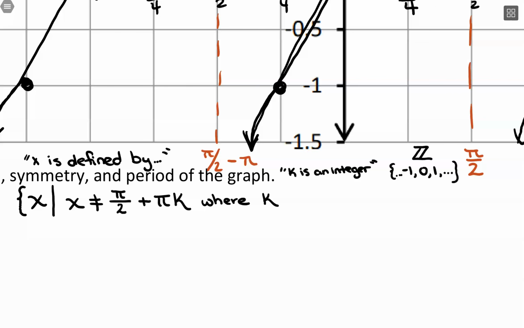So how we denote that is k, and then we use this symbol for "belongs to." It's kind of like a curvy E. So k belongs to the integers. What this means is we can plug in all of these different integers for k, and that'll land us on these spots where x is undefined.